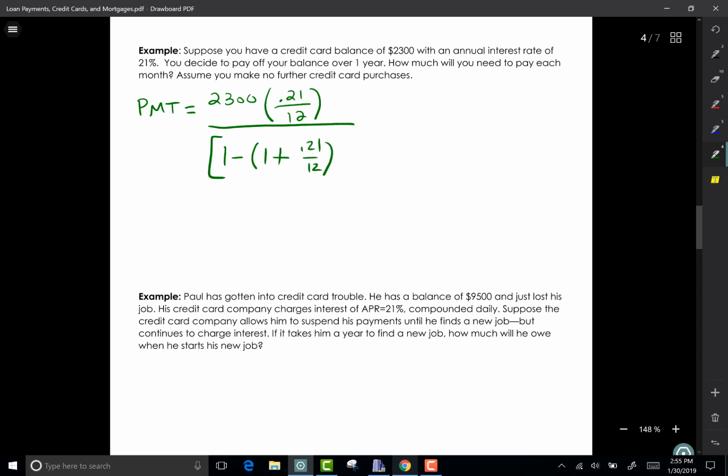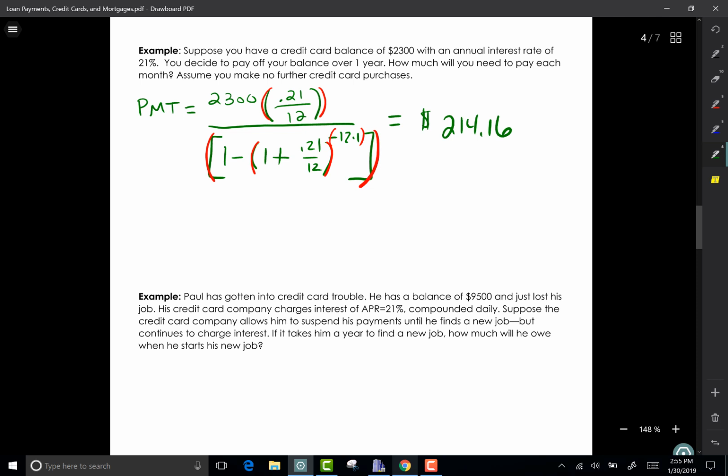And this is 1 year, so my Y is 1, and it's monthly payment, so it's going to be negative 12 times 1. Okay, so highlighting this, remember where we put our parentheses.